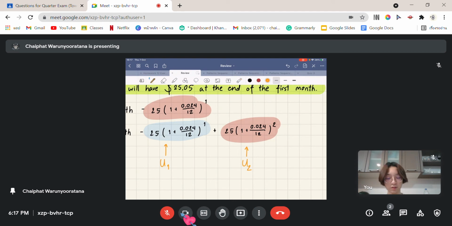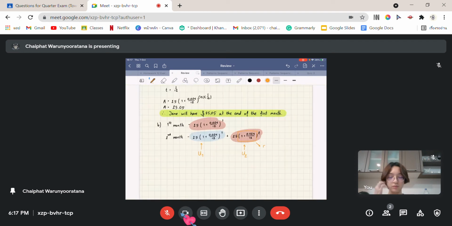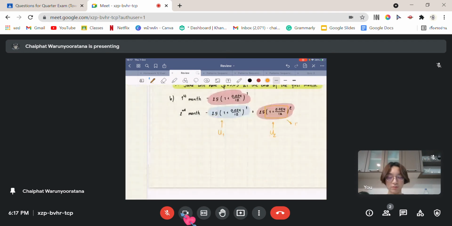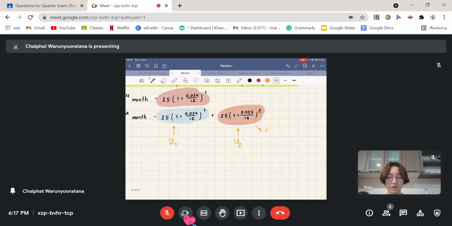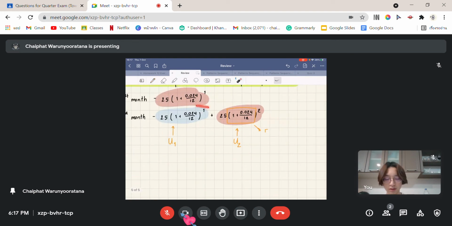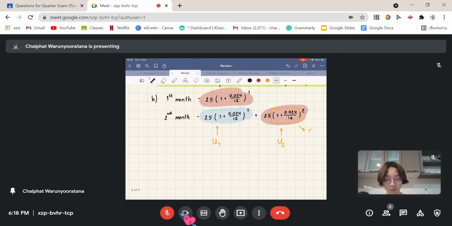Therefore, we can know that this number will be equal to r. And therefore, to calculate for 2 years, we are going to have to add this term, and so on for the next 2 years to get the amount of money we wanted. We are going to use this formula.